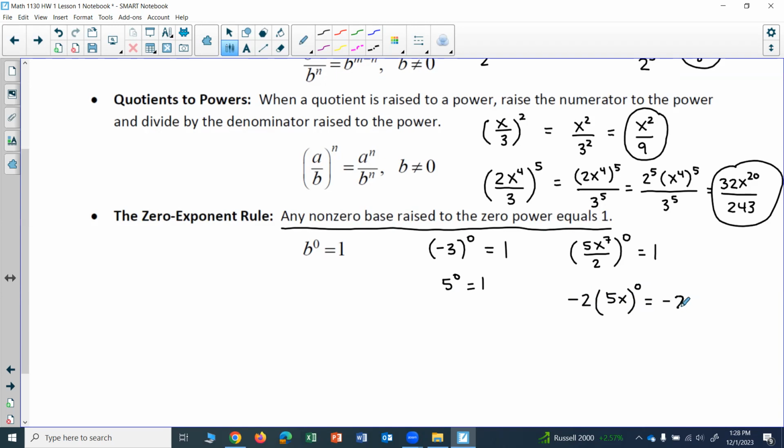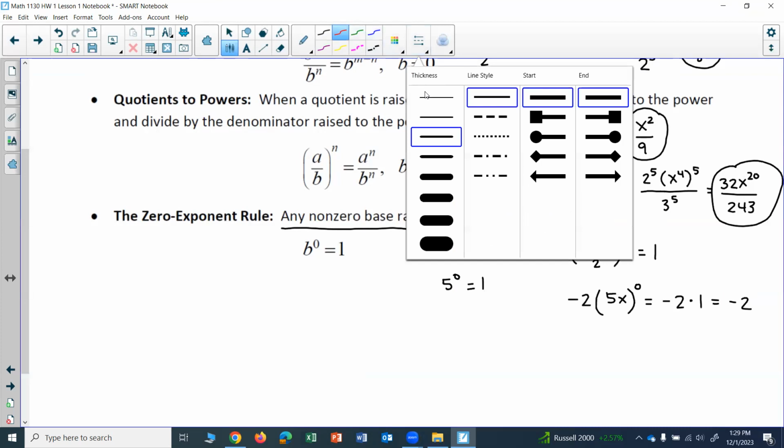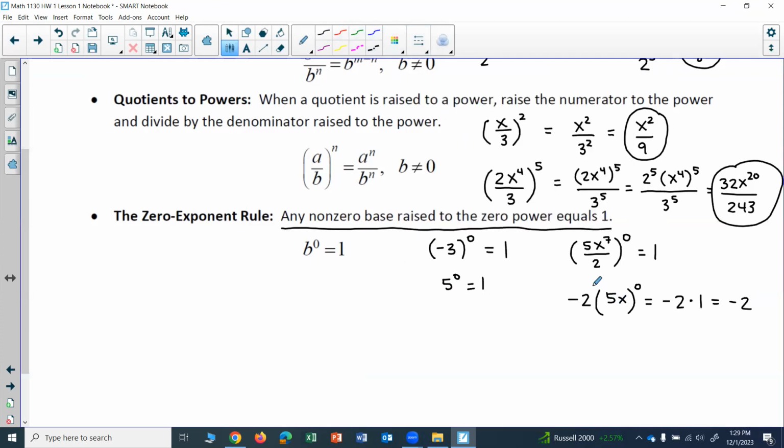So it's -2 times 1, because the 5x to the 0 power is 1. So -2 times 1 would leave me with a -2. Only that part that's being raised to the 0 power, in this case the 5x, only that part is equal to 1.